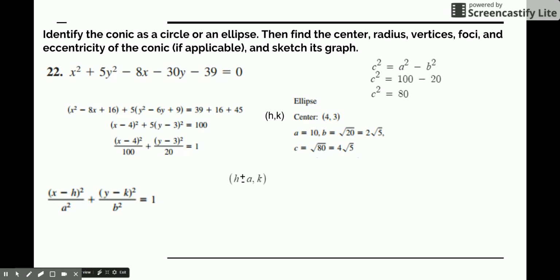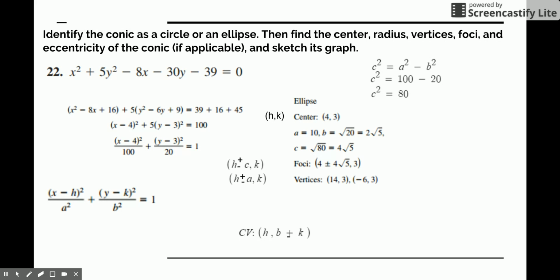So you get vertices such as (14, 3) and (negative 6, 3). On the other side, you have to add the c for the foci as well, because this is a horizontal major axis and the foci always lie on the major axis. So you add that to h, and you get 4 plus or minus 4 rad 5, 3.